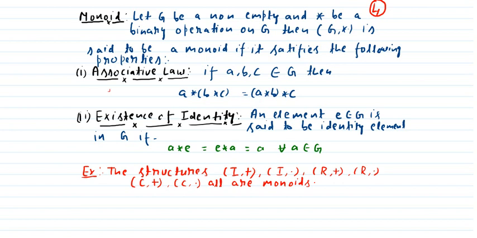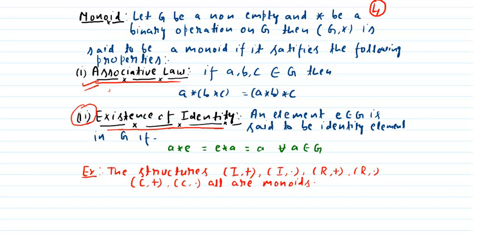Now I will discuss what is existence of identity. Identity is similar to matrices. We all know about matrices. The unit matrix is called the identity matrix. In set theory, an element E is said to be identity if we apply E to any member of the set.